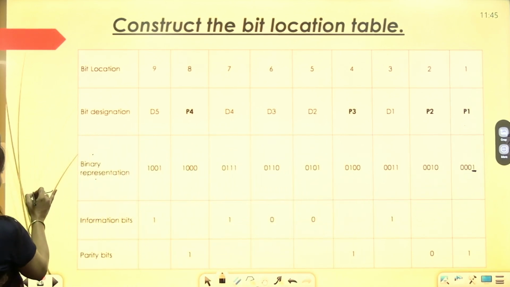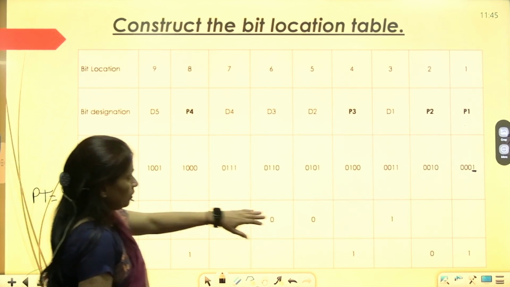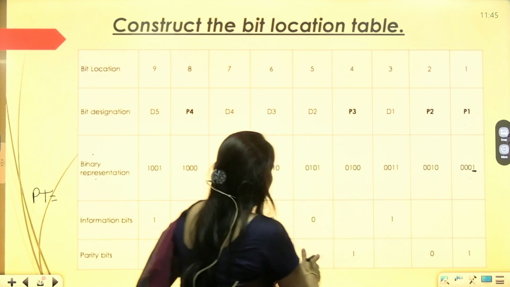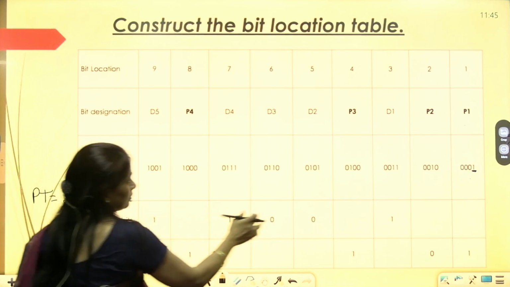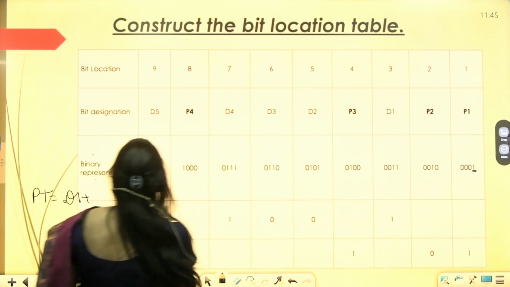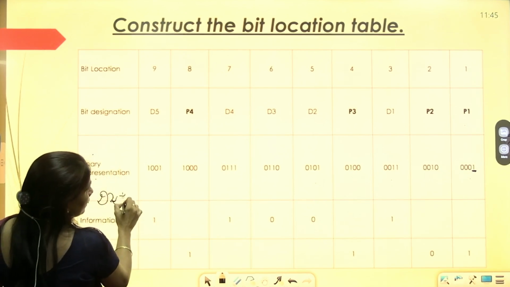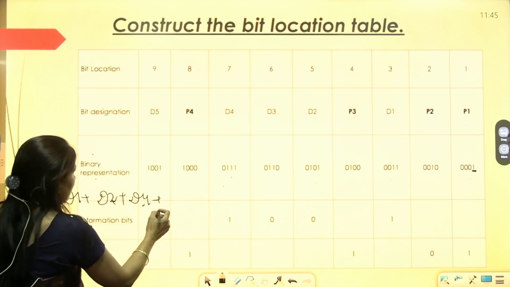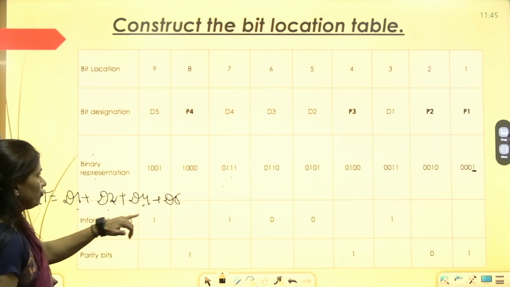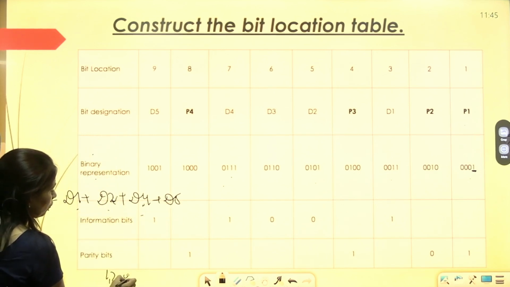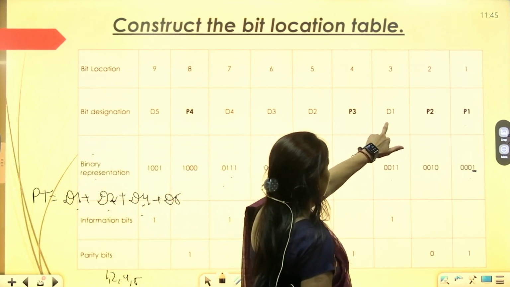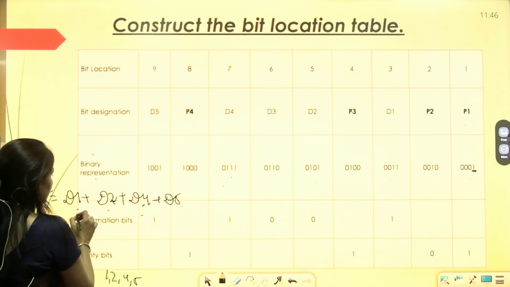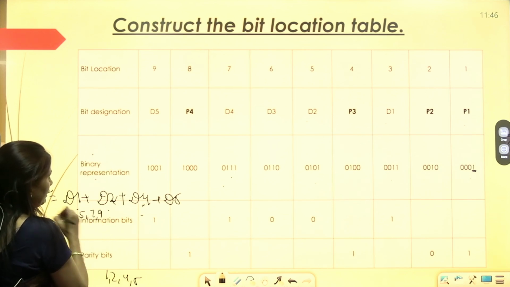P1 covers D1, D2, D4, D5, which are positions 3, 5, 7 and 9.